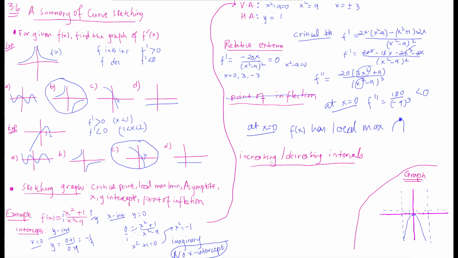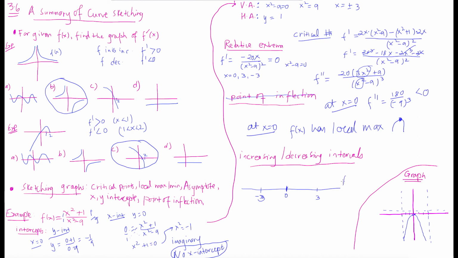Okay, so how do I find the increasing and decreasing intervals? We plug in the critical points, right? So what were the critical points? One critical point was 0, one was negative 3, another was positive 3, right? And then we find the sign of f prime of x.